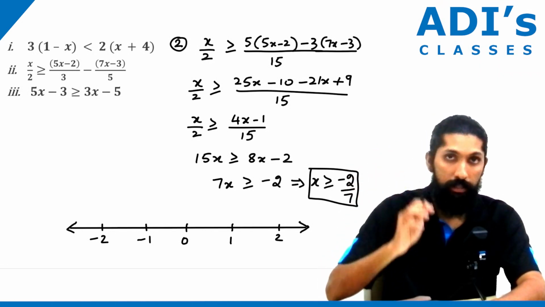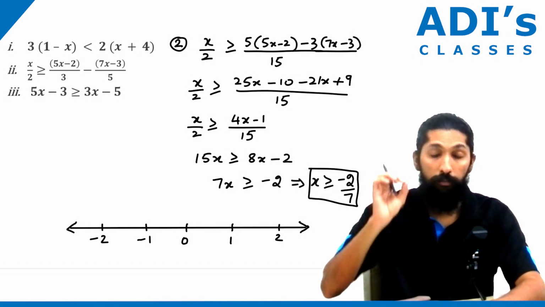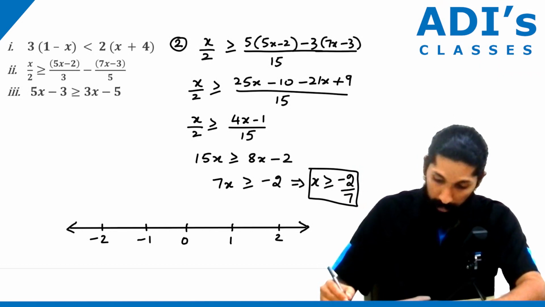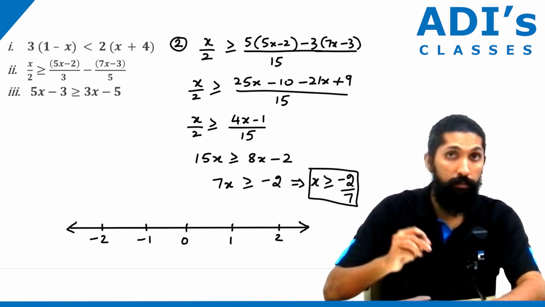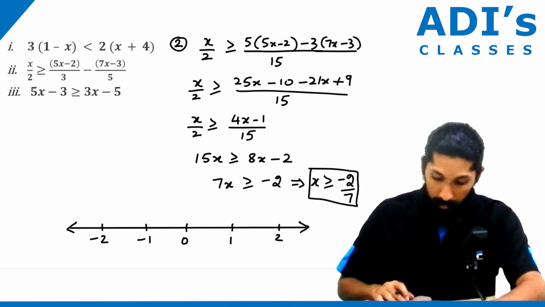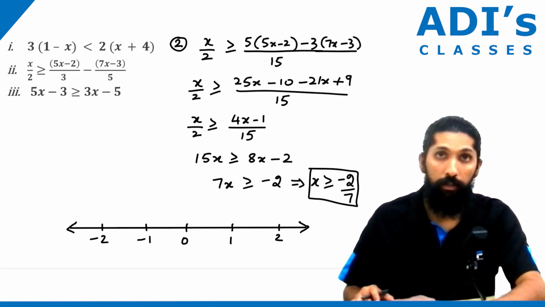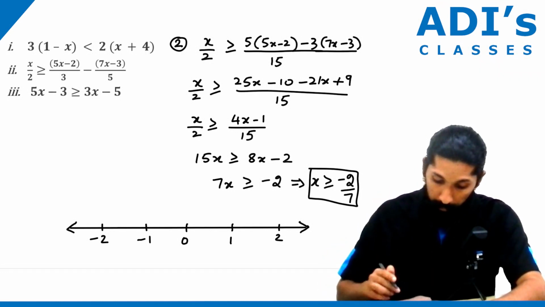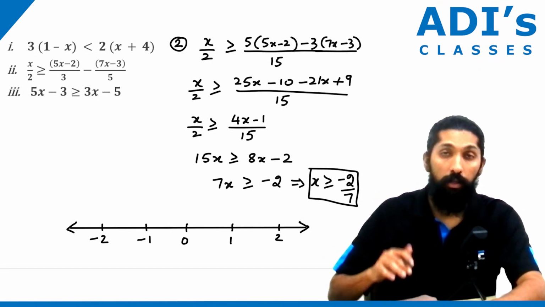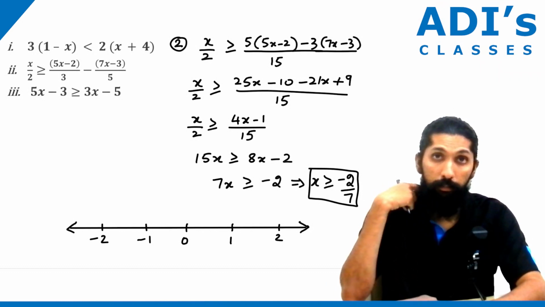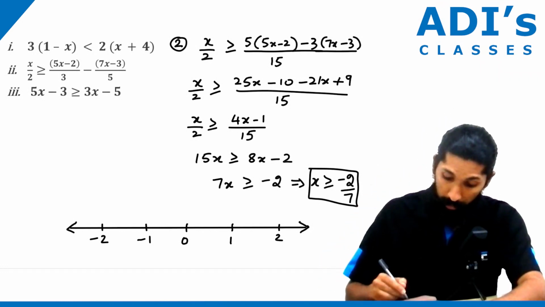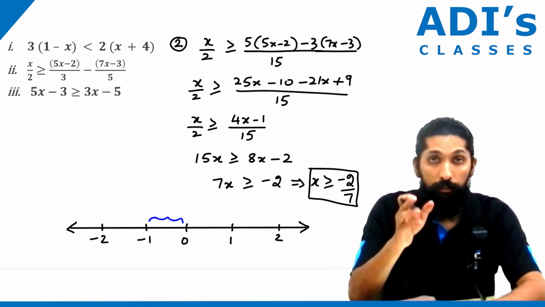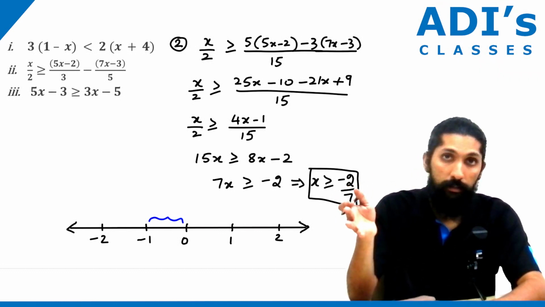Alright, now it's a slack inequality, correct? So for a slack inequality, you write a circle, but you have to shade the circle. So in this case, you are trying to figure out where minus 2 by 7 is. Minus 2 by 7 is a decimal value, and also it is on the negative side. Correct? So minus 1 by 7, minus 2 by 7 keeps on going. Minus 1 can be written as minus 7 by 7. That means between 0 to minus 1, you have to divide that into 7 parts.